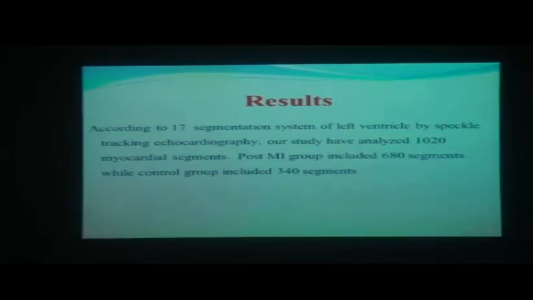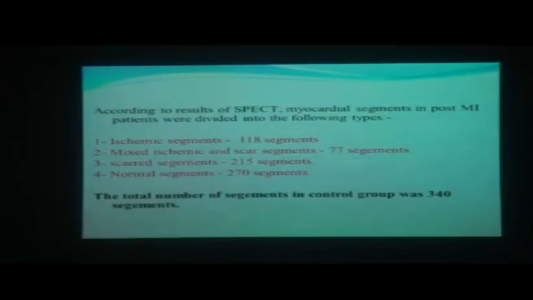The post-myocardial infarction group was 680 segments, and the control group was 340. According to the results, respective myocardial segments in post-myocardial infarction patients were divided into the following types: ischemic segments, mixed ischemic and scar segments, scarred segments, and normal myocardial segments.